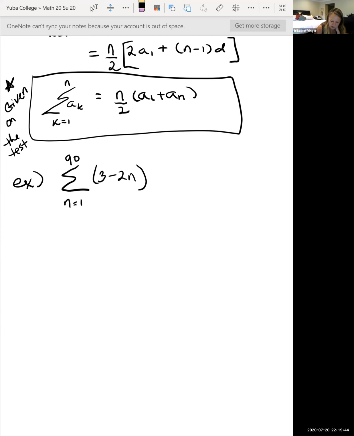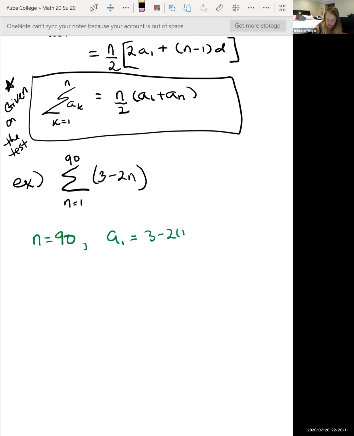Our n value is what we're summing, so we're summing up to the 90th term. So n in our case is 90. Okay, and then the first term, well, if we plug in 1 here for n, we have 3 minus 2 times 1.